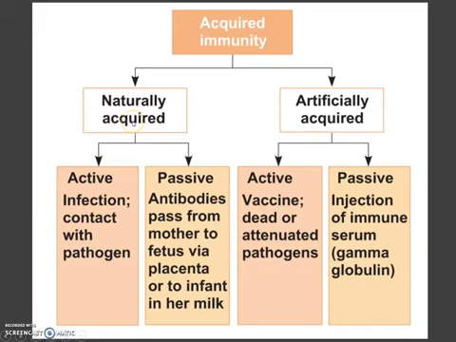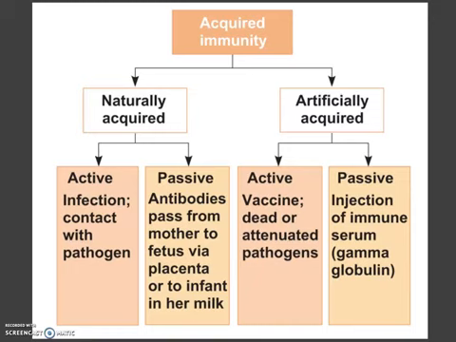Now, antibodies can also be naturally acquired, but made by somebody else. The best example here is antibodies that can be passed from a mother to the fetus through the placenta. So if a woman's pregnant, her baby is protected from the same pathogens that she is, because the antibodies that her body is making get passed to the fetus.